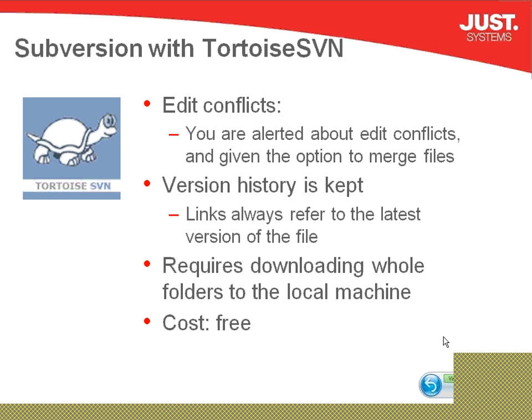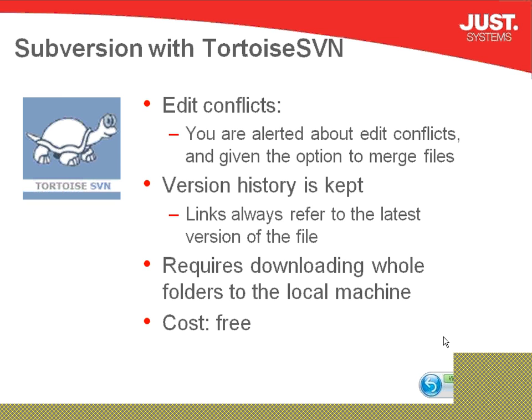So if you've got, say, a topic file and you're including an image file into that topic, you need to download the pair. That can be an issue. Or if you've got a really sprawling, complicated folder structure, that can be an issue.